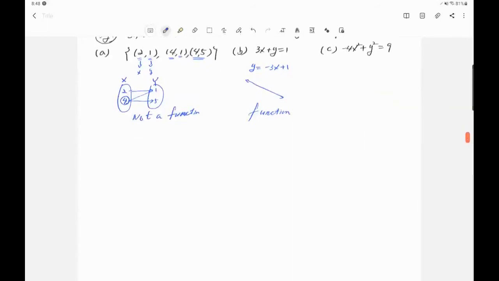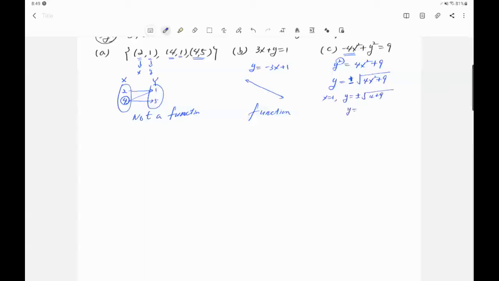Okay, how about the next one? Let me rewrite it. y squared equals 4x squared plus 9. Move this one to the right. Then if we remove the square, this will become plus or minus the square root of 4x squared plus 9. Look at this. This means there will be two values: one is the positive square root, and one is the negative square root. So there are two y values. For example, let's say x equals 1. Then y equals plus or minus the square root of 4 plus 9, which is 13.